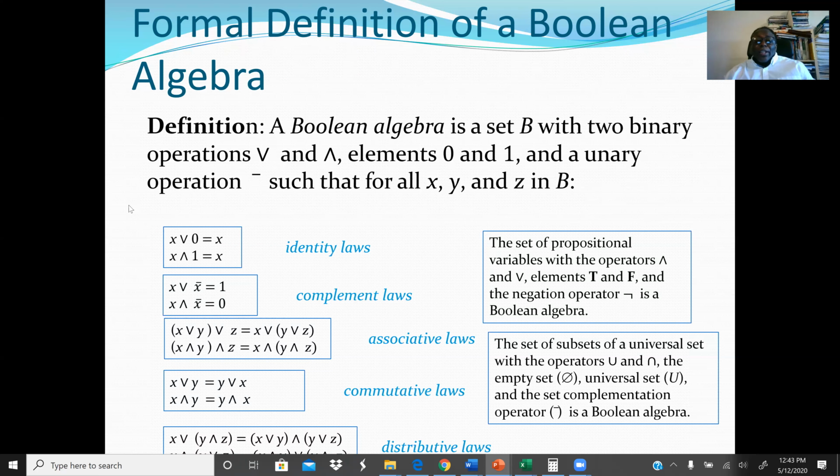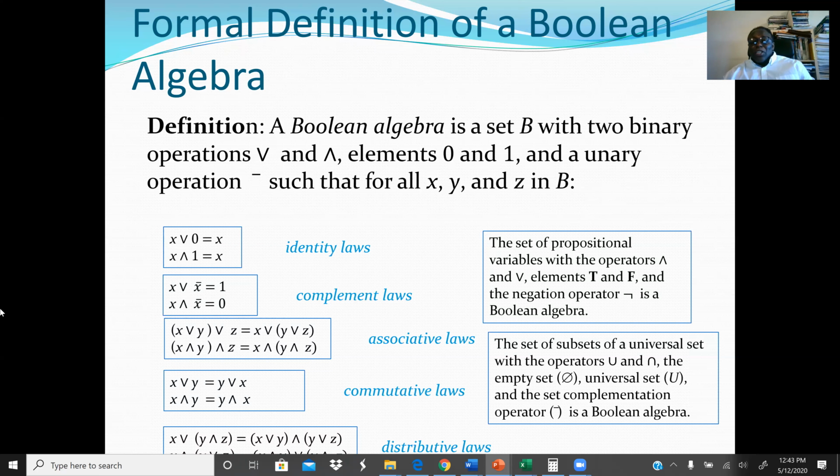Then we have this is a binary operation. With the and, or, we need 2 operands, as we can see here, x or 0, x and 1. So we need 2 binary operations.